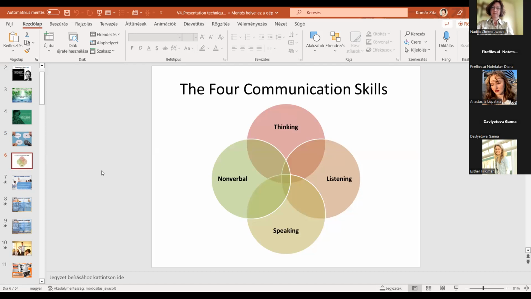And generally, we forget that there is the nonverbal part, which is the vocals, like how my voice sounds when I'm presenting, for example, or the mimics, so how my face moves when I'm presenting, the gestures, how I'm using the hands.